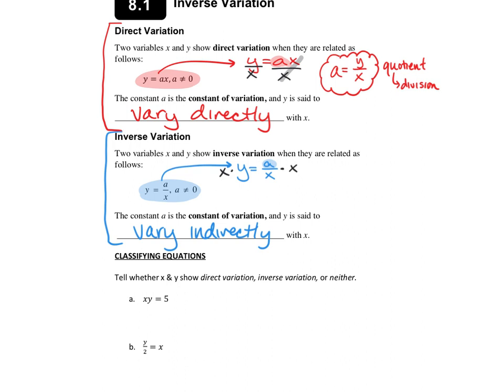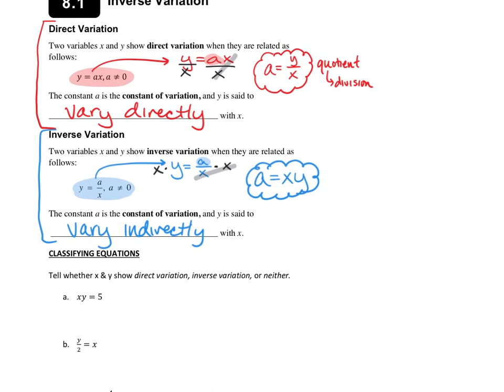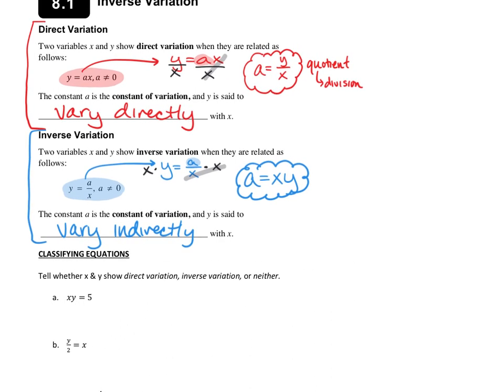And when those x's cancel each other out, what we're left with is the equation a equal to x times y. So this time, oddly enough, the a value, the constant of proportion, is a product, which, if you never remember what product means, means we multiply them together.